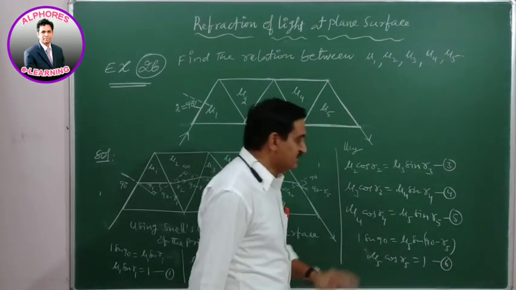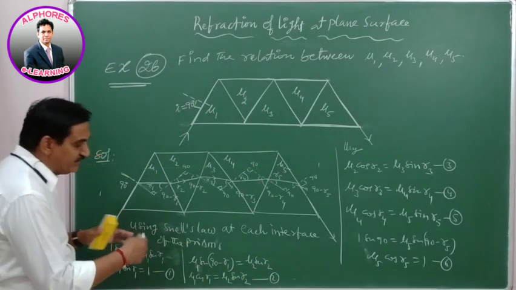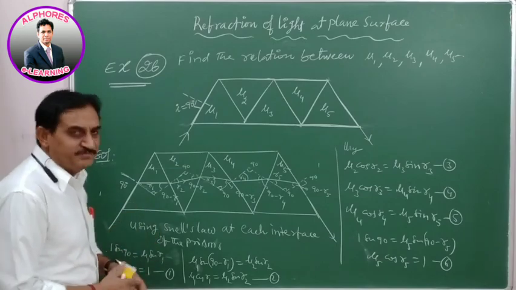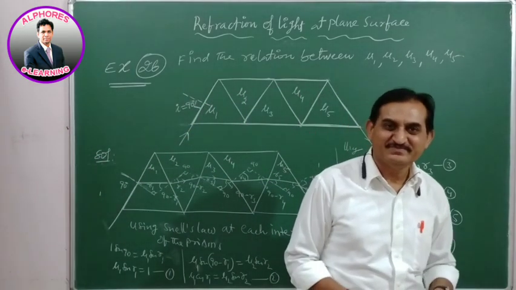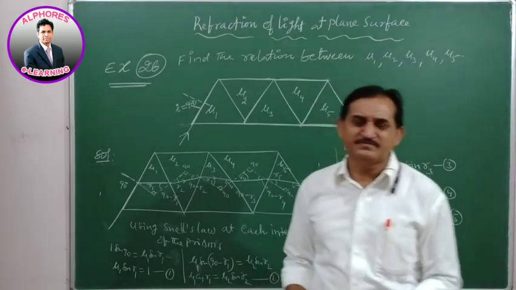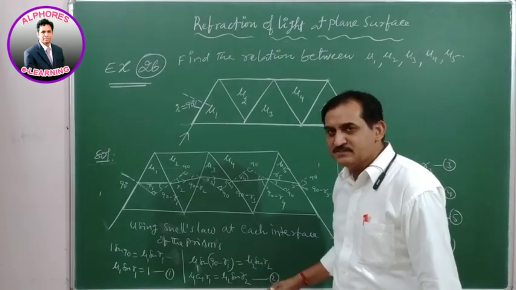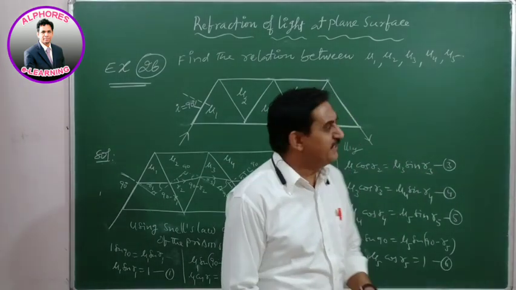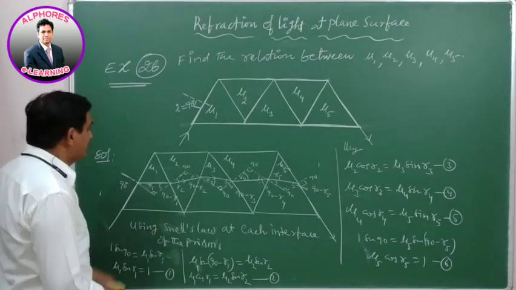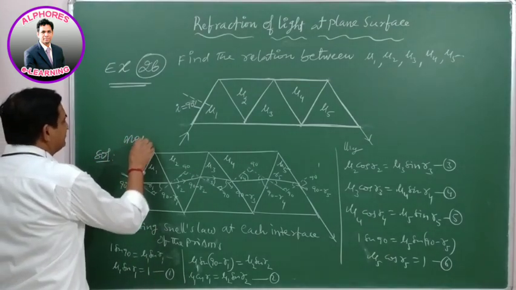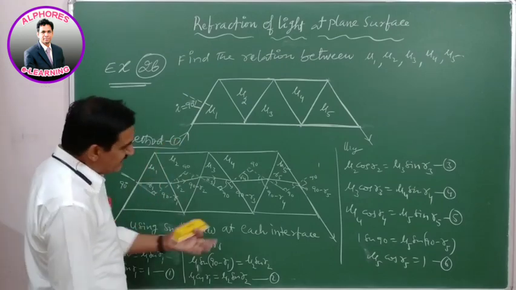R5, equation 6. So square these equations on both sides, add them and simplify, and you will finally get a relation. This is the concept, but the remaining part is simplification. Squaring the equations, adding them and simplifying, you will get the answer. But I am going for a logical method. This is method 1. Method 1 is lengthy.